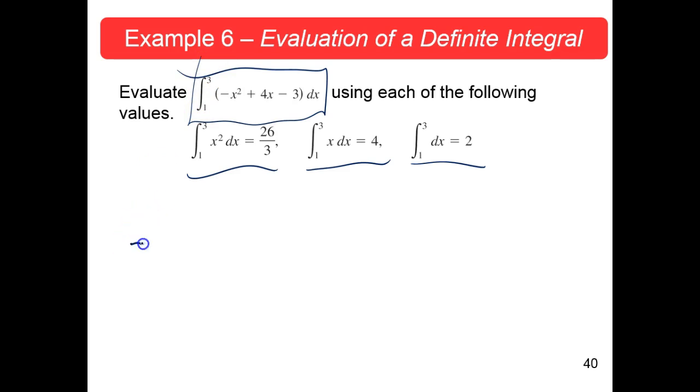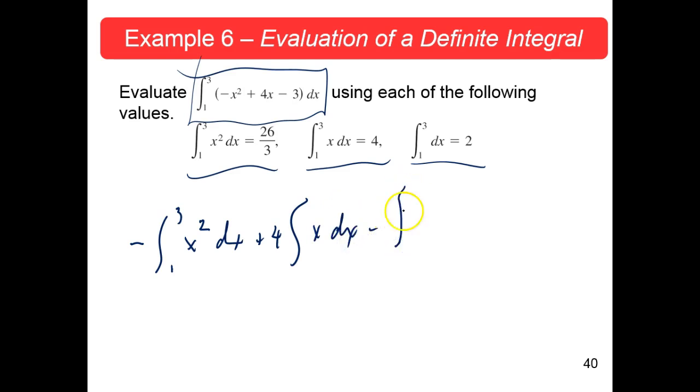That would be minus, we're going to split it up, the plus and the minus. That will be minus the integral from 1 to 3 of x squared, using the constant rule and the sum and difference rule, dx, plus 4, pulling the 4 out of the integral, of x dx minus 3 times the integral of dx. Okay, and both of these are from 1 to 3.